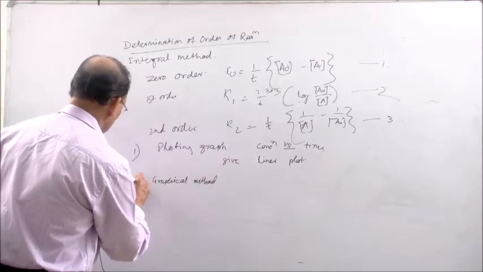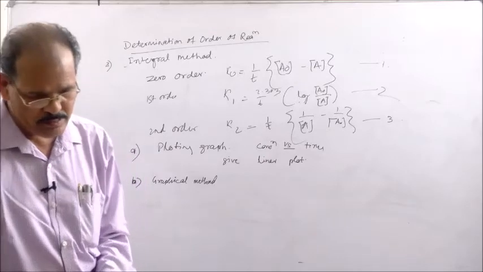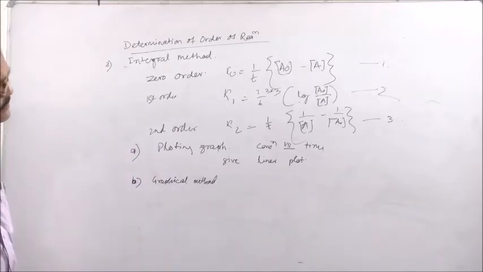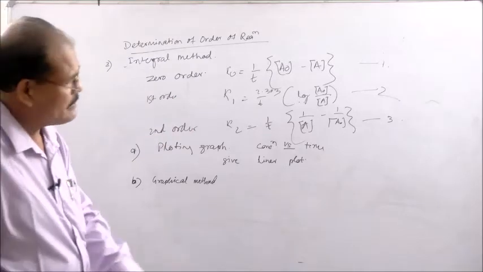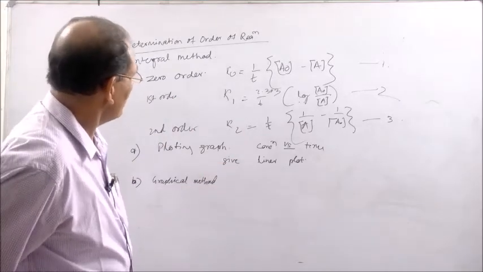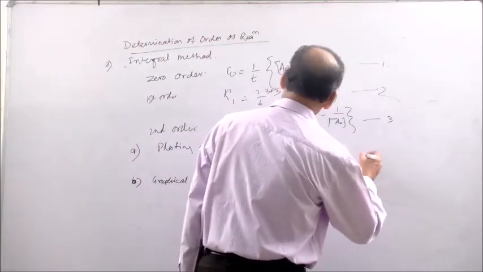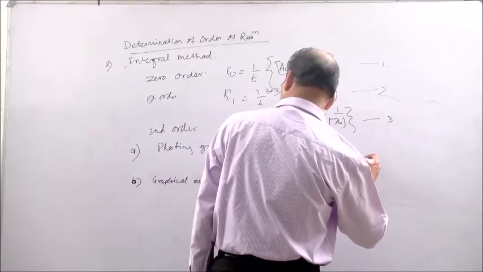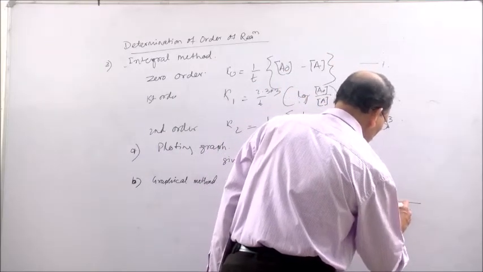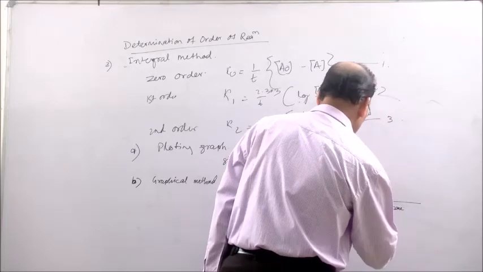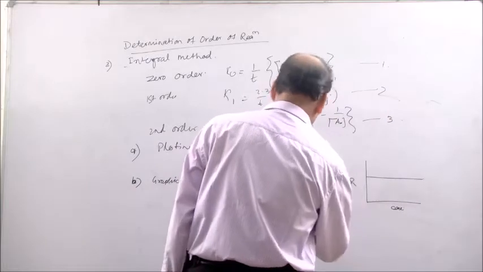The second pattern: in the graphical method, concentration versus time gives a straight line, and for concentration versus rate, in case of zero order it gives a straight line.